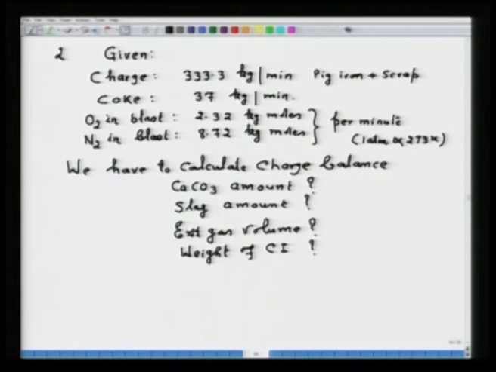Now, calcium carbonate amount we cannot calculate unless we calculate the slag amount. So, our first thing is that we have to calculate the amount of slag. Let us calculate first the amount of slag. Here you are not given any percentage.